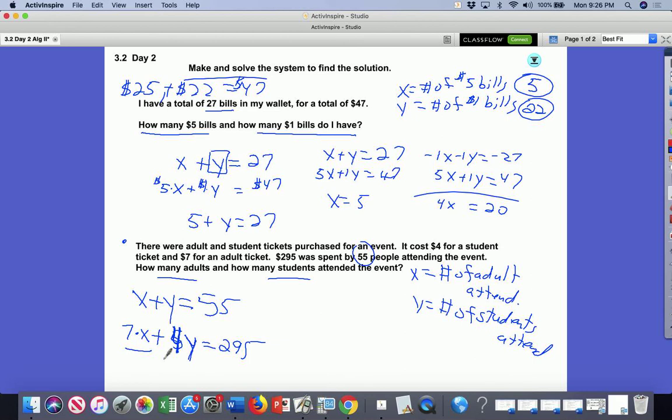So again, I like elimination, so I'm going to multiply this by -4 to cancel off the y's. -4 times 55 is -220.